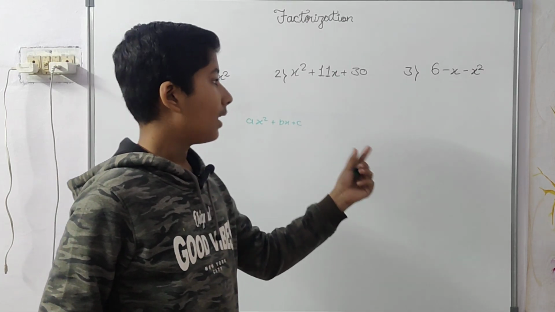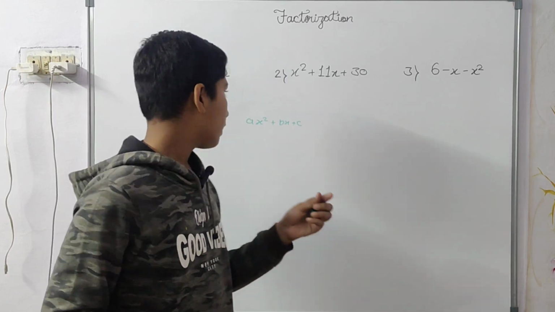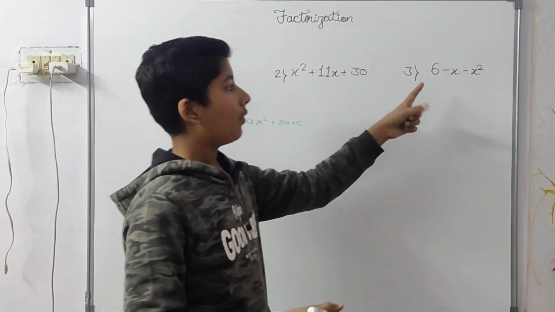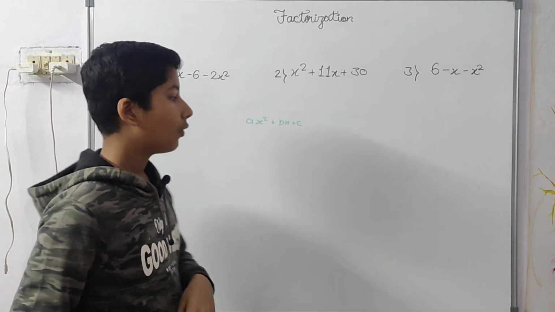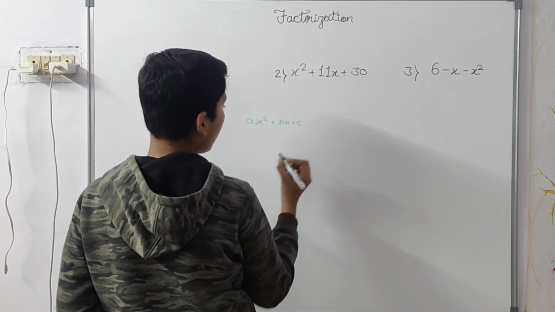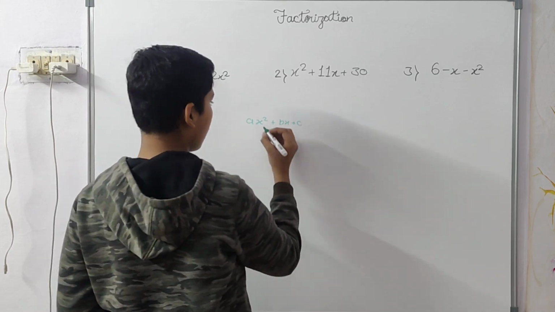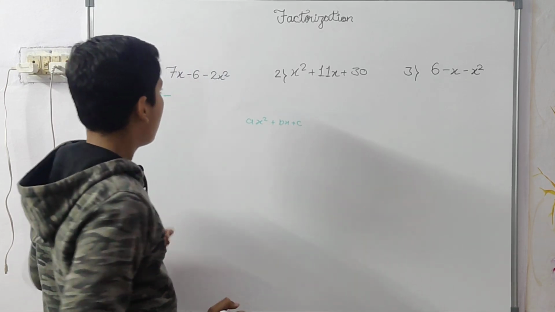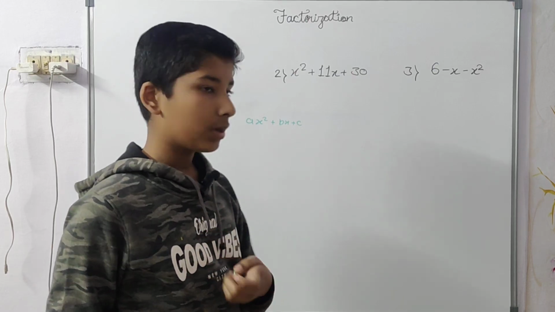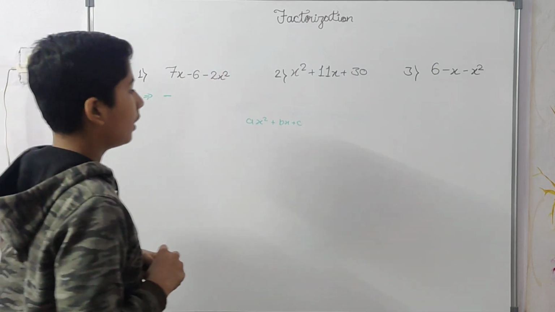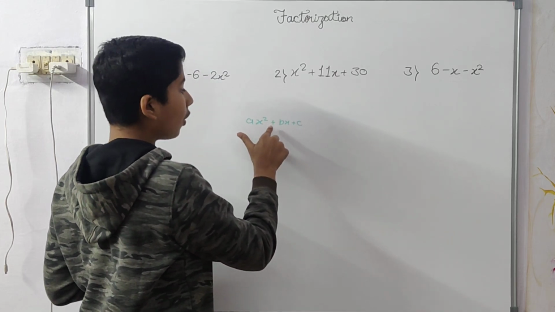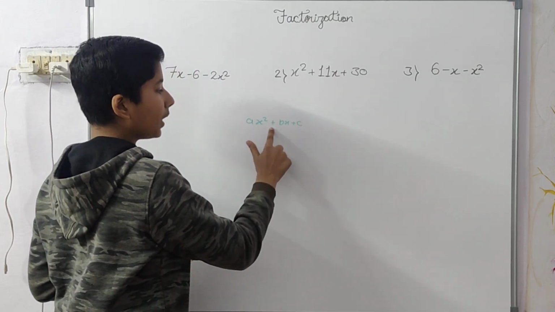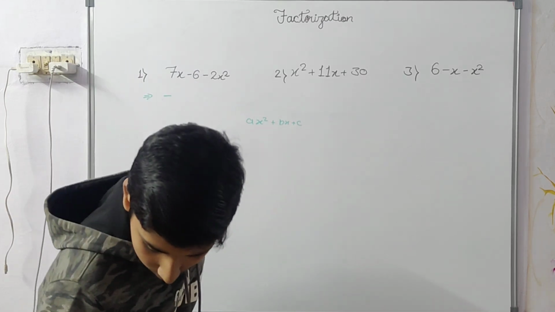A, B and C are numbers, but if there is no number, for example in this equation, it will always be 1 over there. A, B, C are normal constants, but x is the variable used in the equation. This is the formation always, and not always plus. The symbol can be minus also.